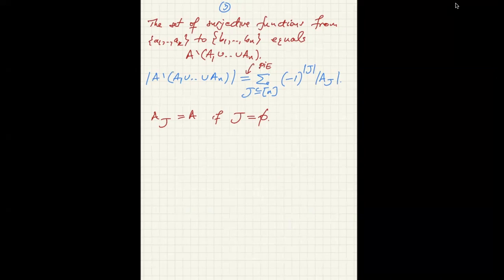What if J is not the empty set? Well, in that case, A subscript J is the intersection over all j in J of Aj. And by definition, this will be the set of all functions f with the property that the element bj does not belong to the image of f for every j in J.